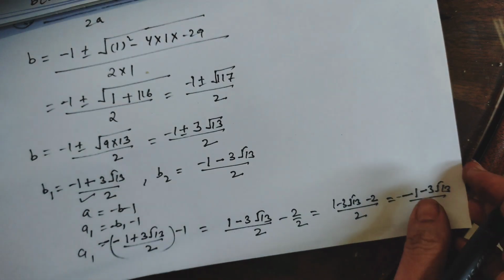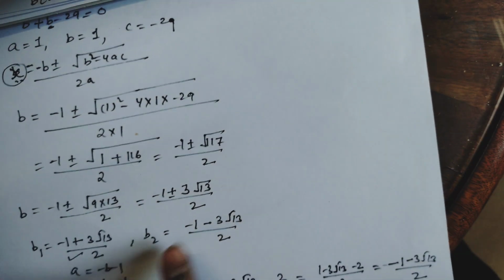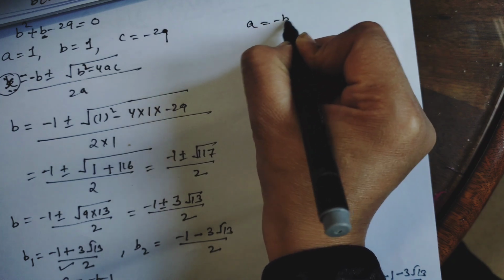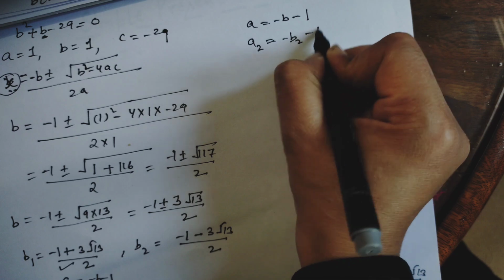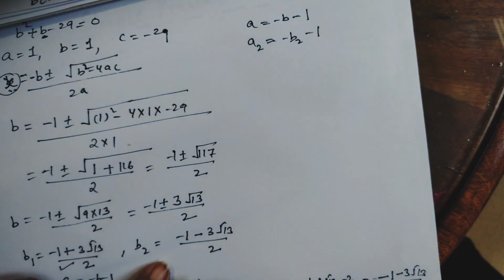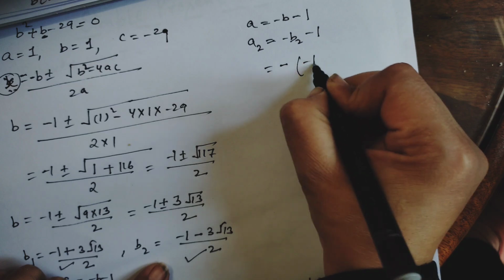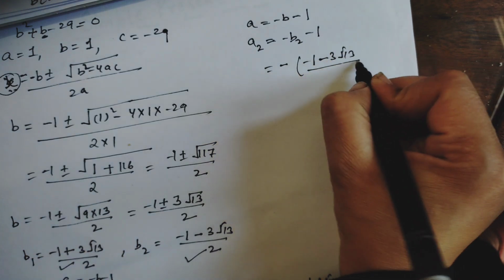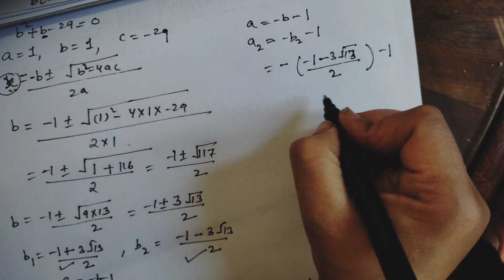Now if you take the another value of b2 is this. So again we'll write here the equation number 4. A equals to minus b minus 1. So let me suppose it is a2 equals minus b2 minus 1. So what is our b2? You can see here b2 is minus 3 root 13 by 2 and here minus 1.